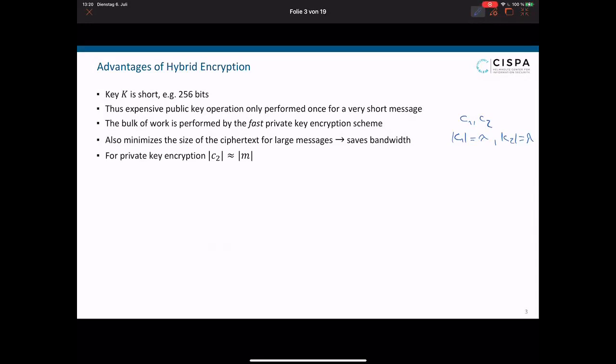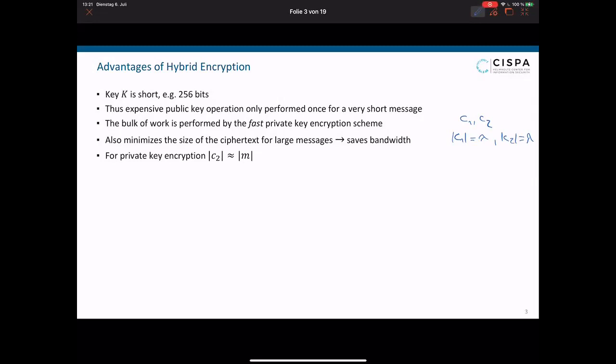The constructions that we've seen of private key encryption, like, let's say, the counter mode, there the size of the ciphertext is essentially the size of the message. Someone asked a question in the chat and already got an answer: is this hybrid approach used in the real world? Yes, totally.